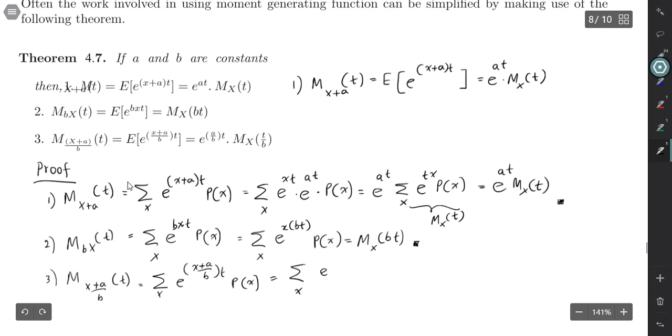By expanding, you get e to the xt plus at over b, p(x), and then splitting it, we get e to the xt over b times e to the at over b, p(x).